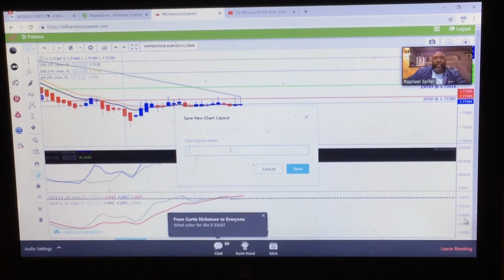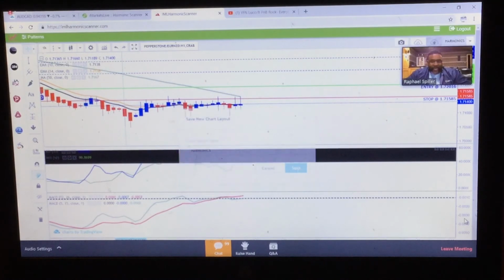Now you can change this, and you can change it to whatever you want. Let's label it harmonics. Right? You click that. Type in that and then click save.